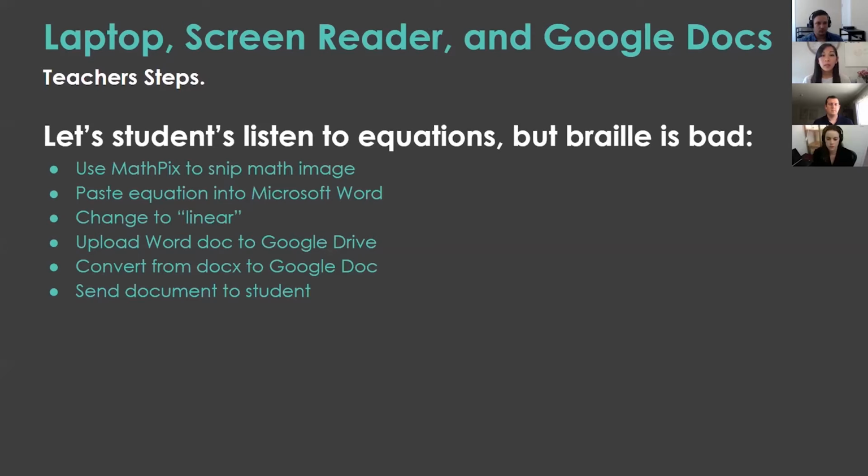The teacher uses Mathpix to snap the image, then pastes the equation into Microsoft Word, changes it to linear, and then uploads the Word doc to Google Drive. They have to convert the DOCX, which is the Microsoft Word version, to a Google Doc, and then share that doc with the student. It's a few more steps, but we did find that we could easily read the math properly.